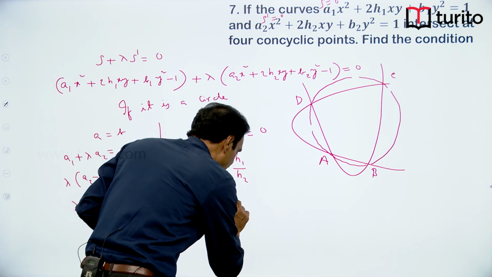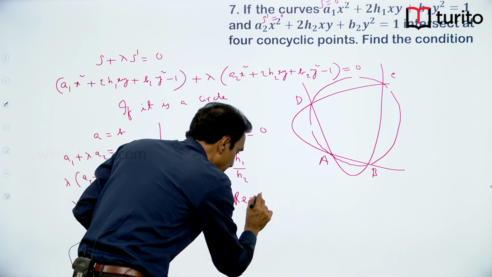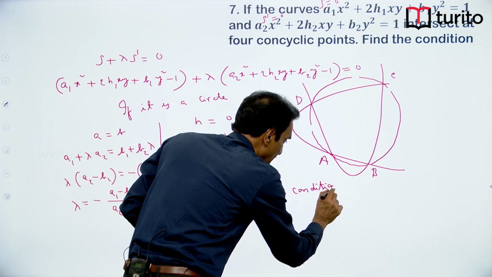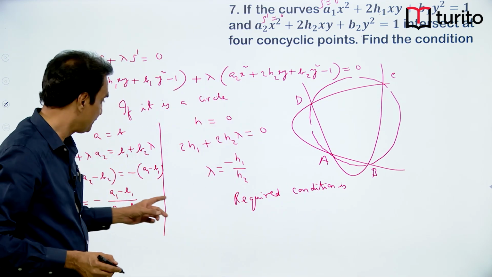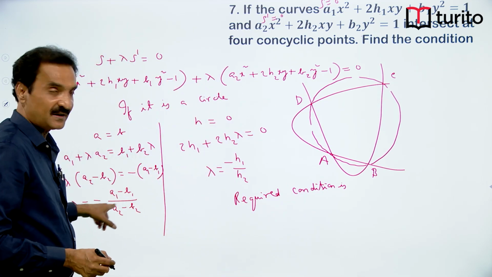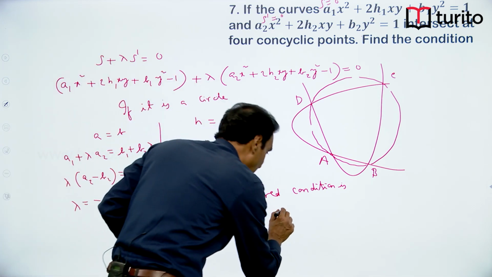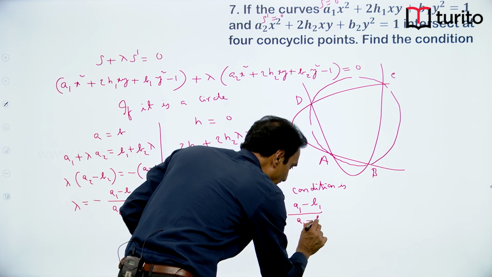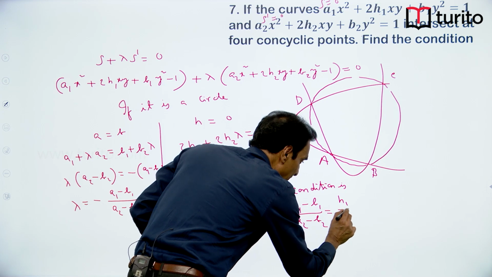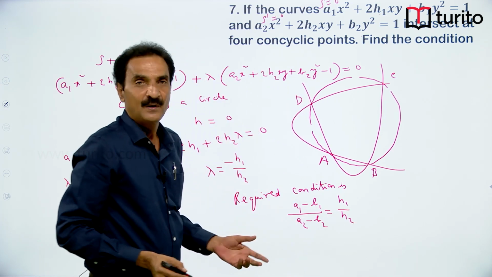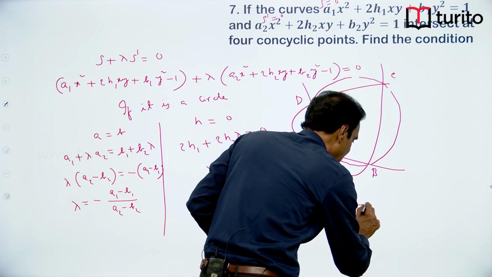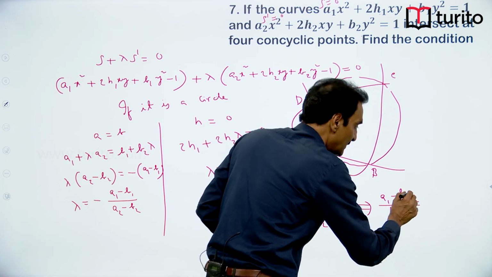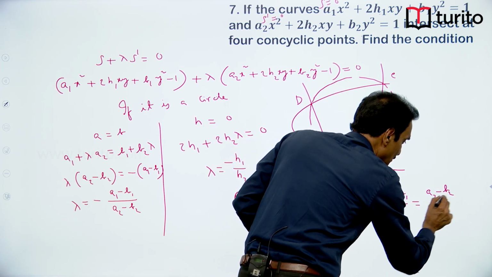Therefore, the required condition is, if you equate, you can cancel minus signs, A1 minus B1 upon A2 minus B2 is equal to H1 by H2, or you can write the same condition as A1 minus B1 upon H1 is equal to A2 minus B2 upon H2.